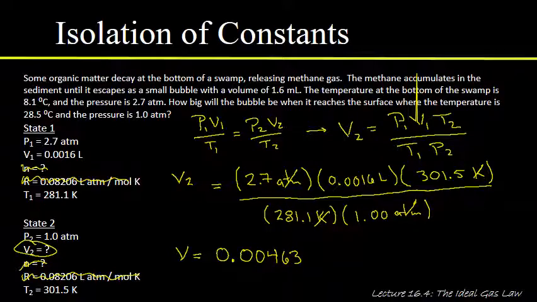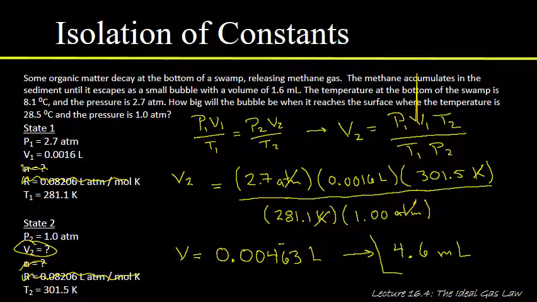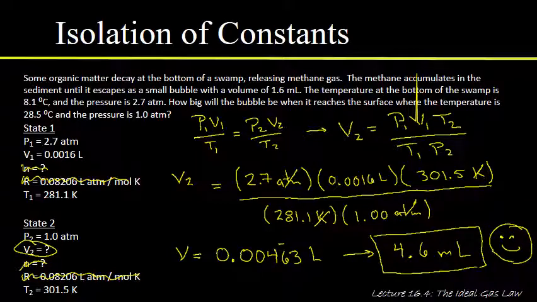I hope you're at least somewhat amused to find that the result is 0.00463 liters, which is precisely the same thing we got with the two-step method. And when we convert that into milliliters and put it into significant figures, we get 4.6 milliliters, which is just what we got last time. Yay, fantastic.